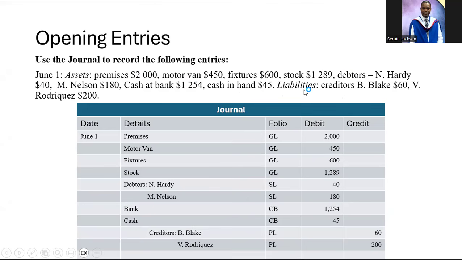Then we are given the liabilities, and there is a principle that you have to use to record this information in the general journal. Now, if you look at the general journal, you will realize that it resembles any other type of journal. However, instead of having a note column or an invoice column, we have debit and credit columns.